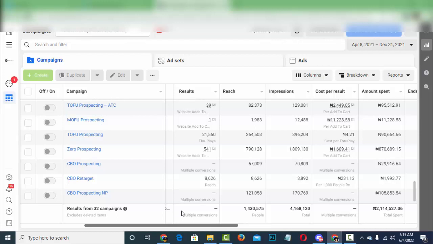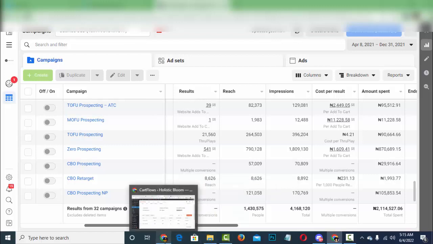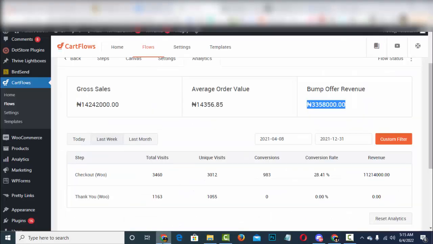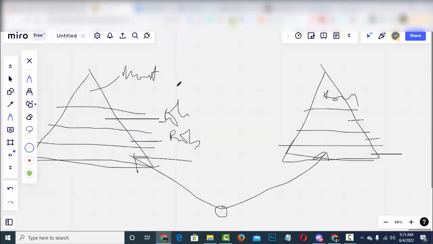Did it make sense, guys? The conversion rate was 5%, so 5 sales. Yes, 5 sales.